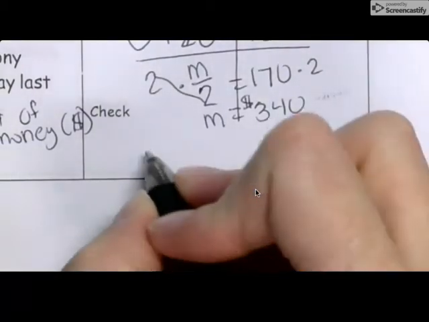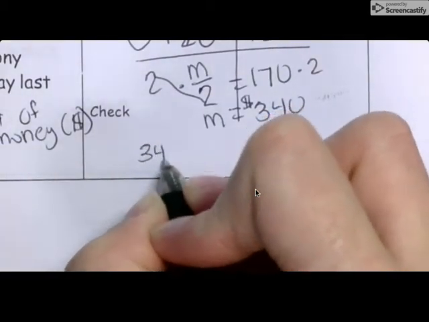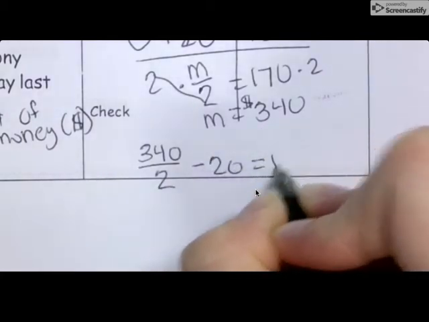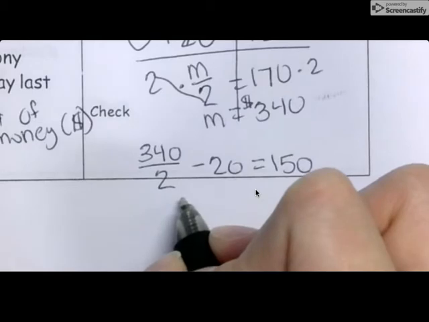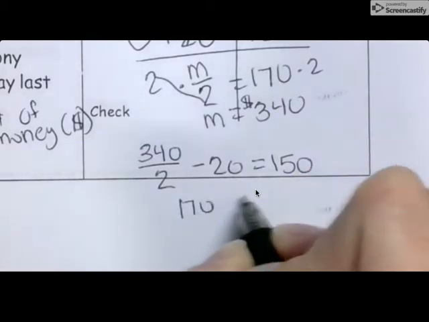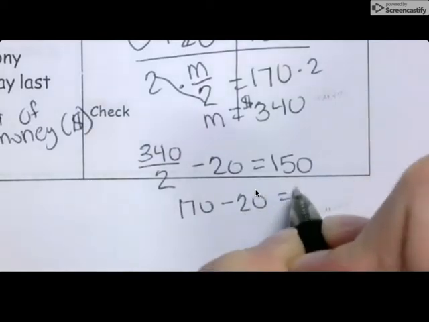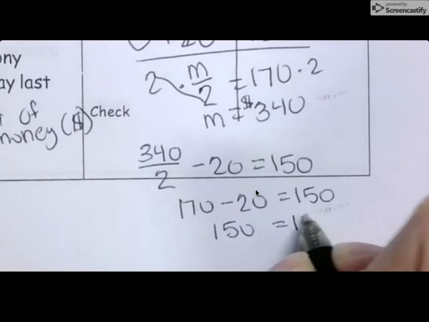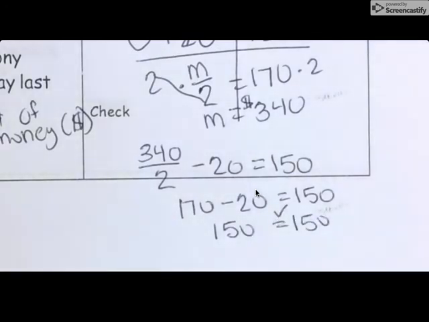And our check is going to be 340 divided by 2 minus 20. Does that equal 150? Well, 340 divided by 2 is 170, minus 20 hopefully equals 150. 150 equals 150. Boom, got it.